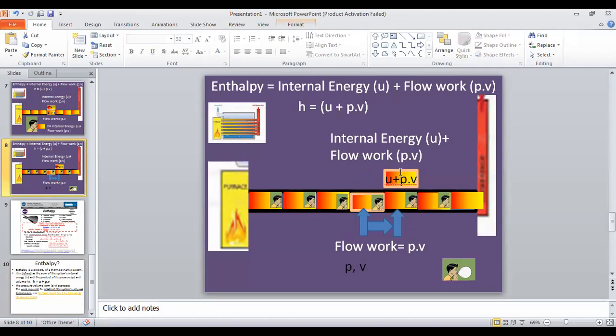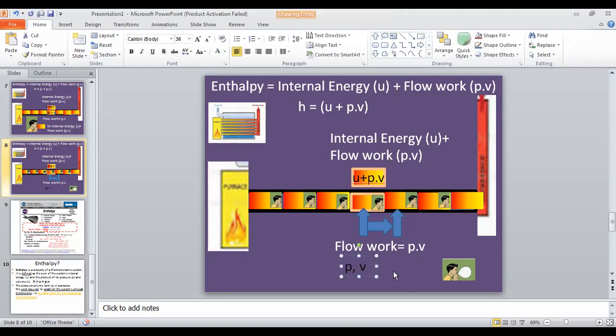So this U plus PV may have that energy content. Actually, this energy content, I better put it here. U plus PV: the internal energy plus the flow work. So this PV helps to move this from here to here. Something like that.